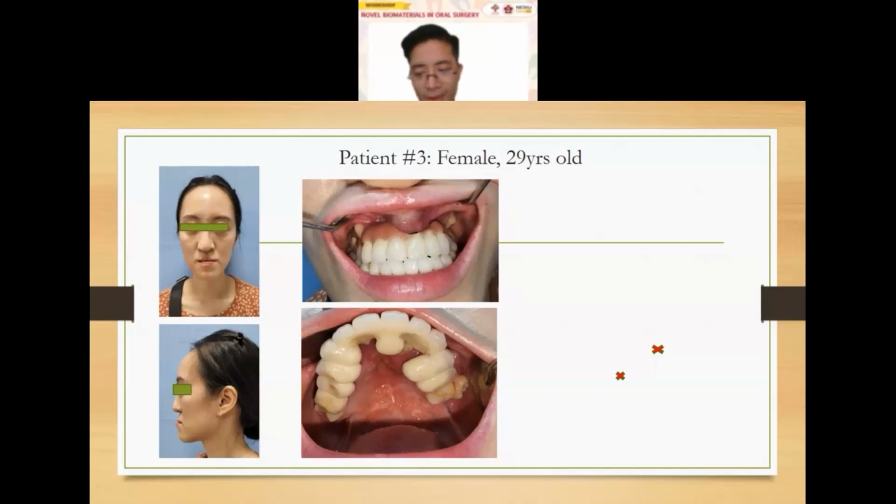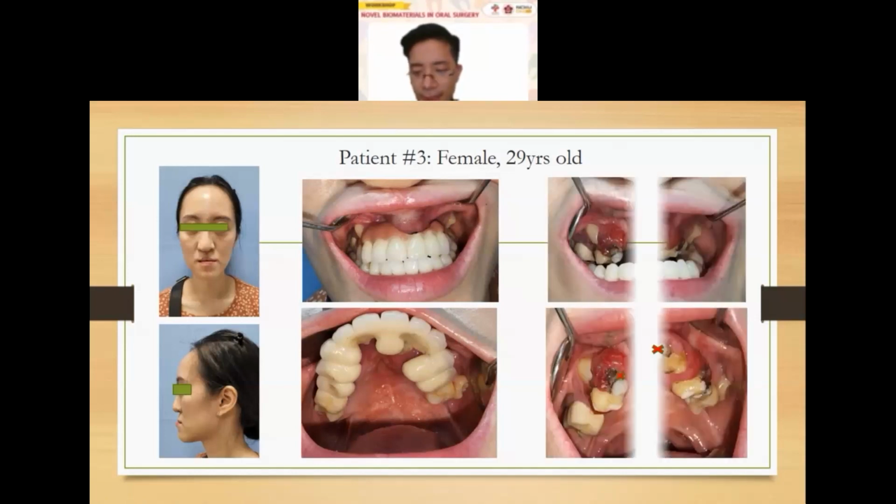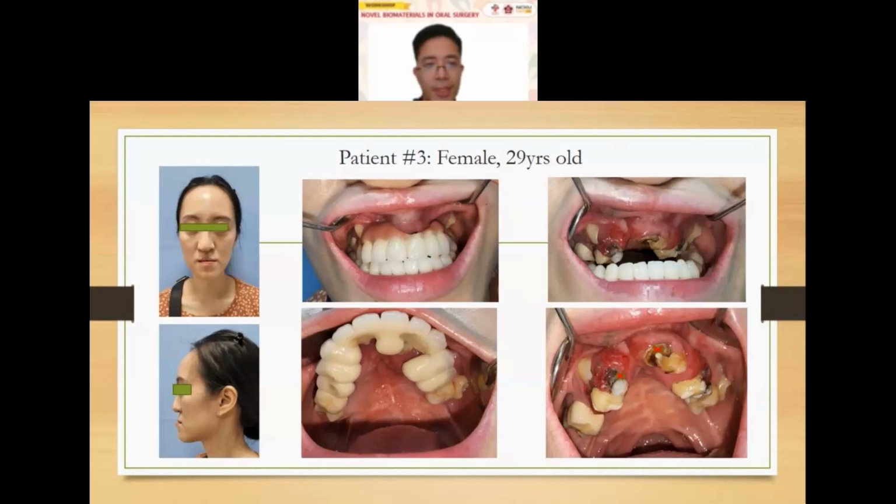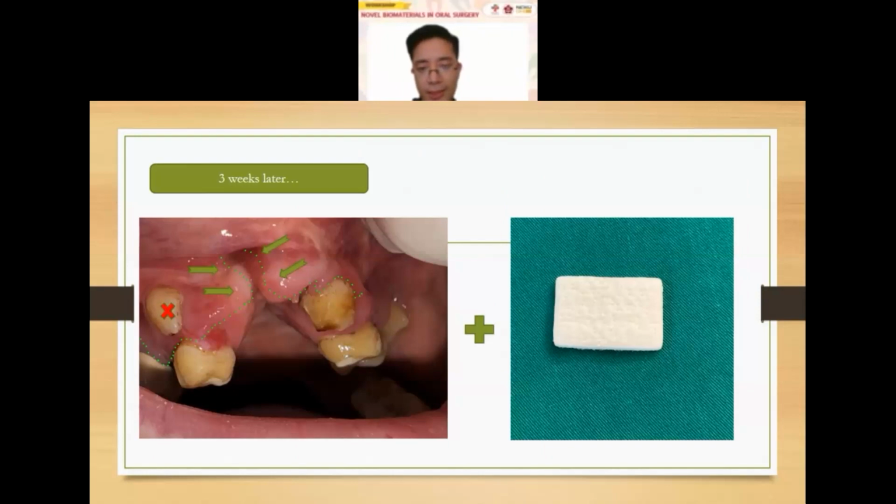At my first appointment, she had bad breath and inflammation, and of course, she had to remove this bridge. Many teeth were destroyed by tooth decay, with terrible periodontal health and malfunction. So at this time, we extracted several decayed teeth and gave her antibiotic medicine. Two weeks later, we did the fistula closure surgery.